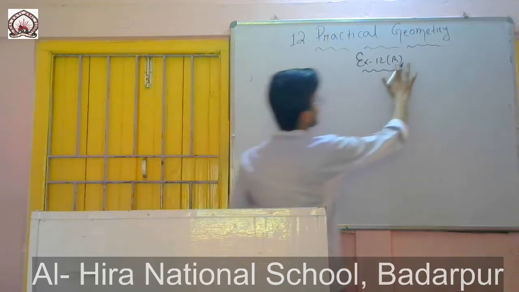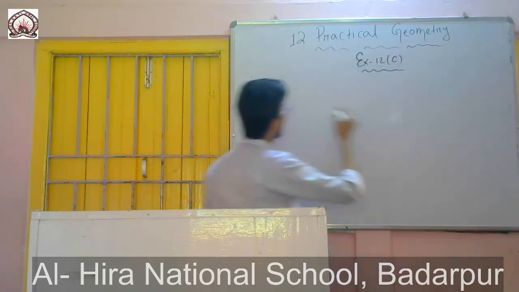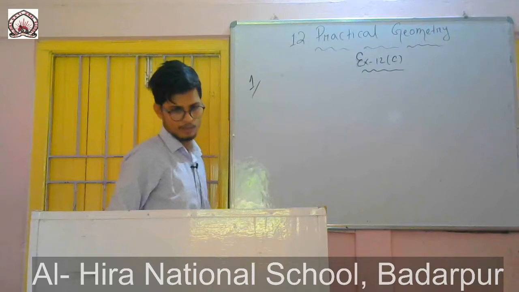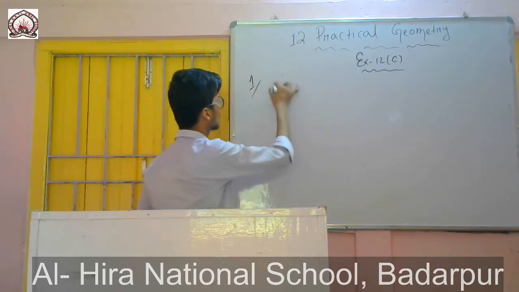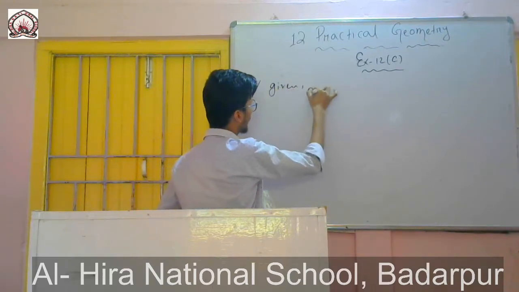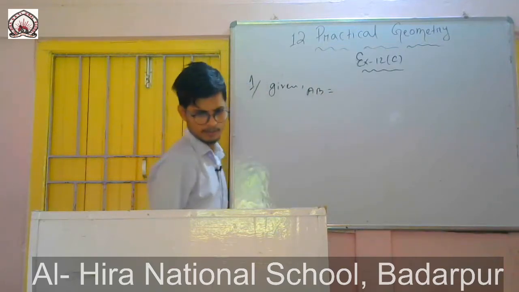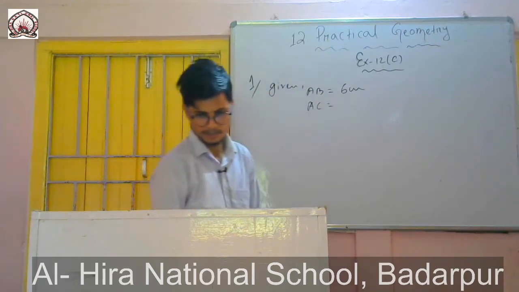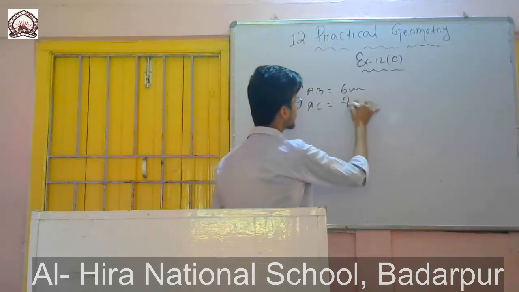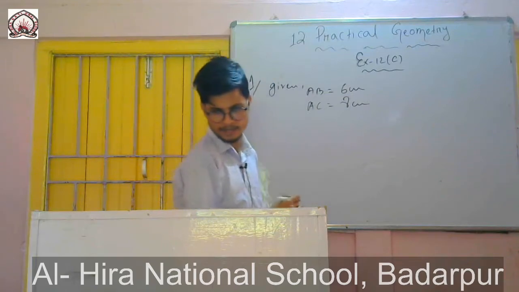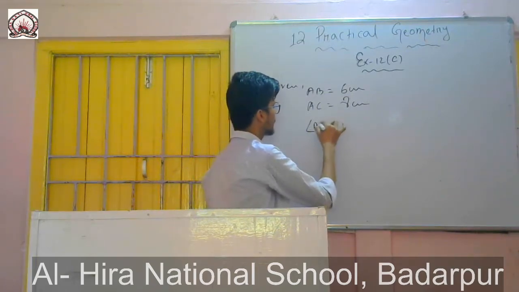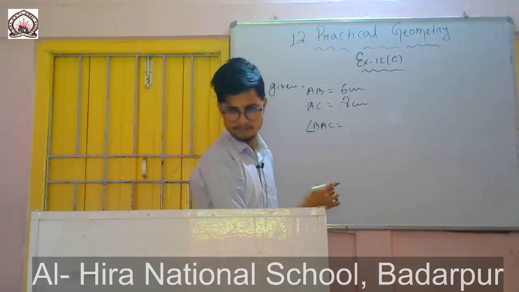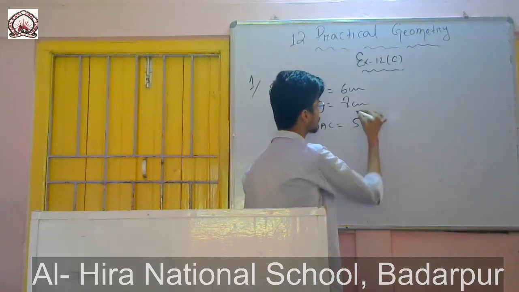As I said, first of all you have to draw a rough one at the side so that you can understand what you have to draw. In exercise 12C, question number 1, it is given AB equals 6 centimeter, AC equals 8 centimeter, and angle BAC equals 50 degree.